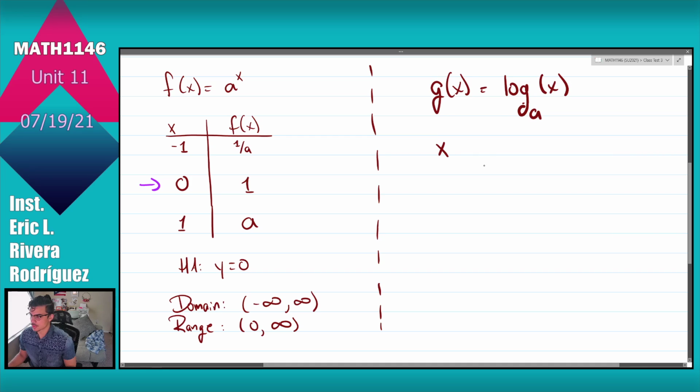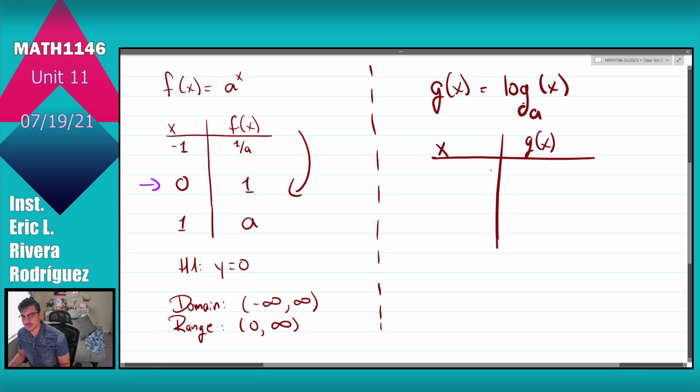For the logarithmic function, we are going to have 3 key points as well. This time I'm going to use the numbers from the exponential function to get the key points, because the logarithmic function is the inverse operation of the exponential function. The inverse operation basically flips the y with the x coordinate.